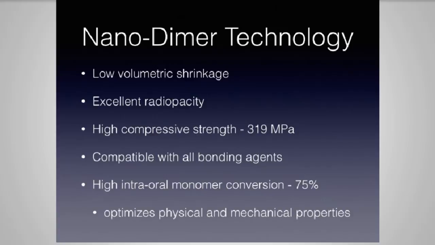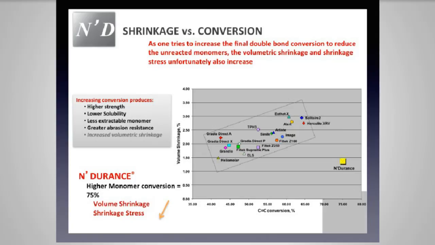and also is very much more biocompatible, because one of the biggest challenges is when you polymerize and you have the conversion of your resins to a very high state, you will have a lot of failure of the composite. Noted here on the chart in the box area, note the high volumetric shrinkage of most of the materials in that box, while composite sciences try to increase the conversion ratio of the materials to reduce the amount of unreacted monomer.